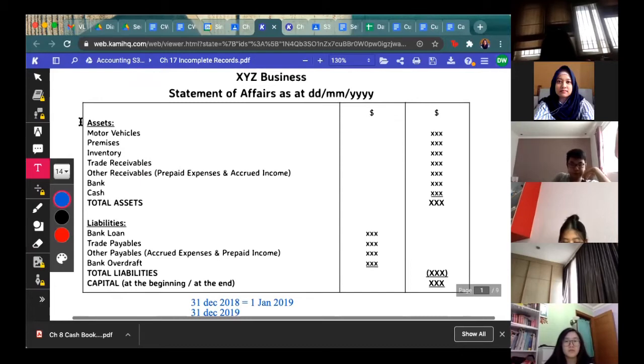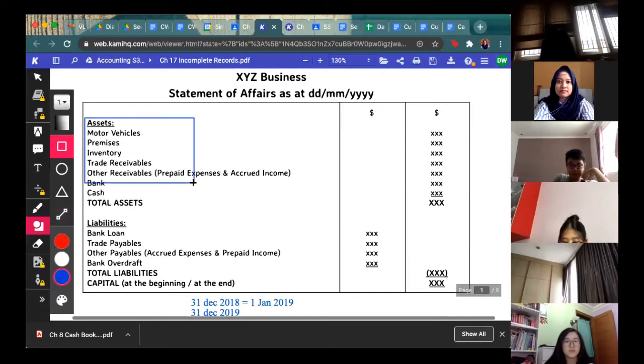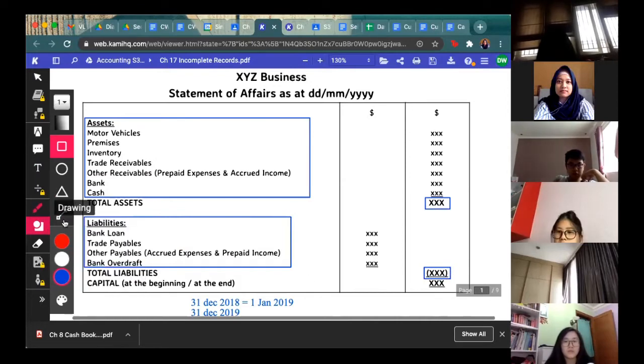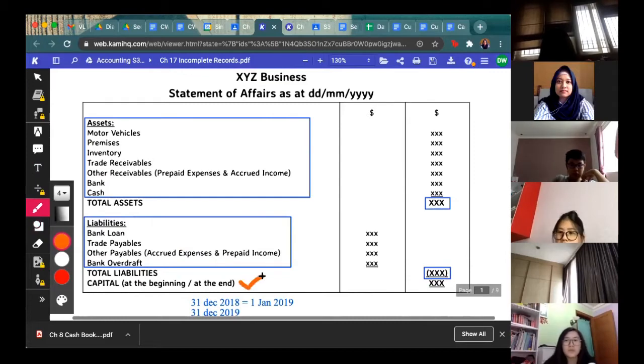To find capital, you must list all of the assets so that you have total assets. After that, you list all of the liabilities so that you have total liabilities. And then assets minus liabilities, and you will have capital here.